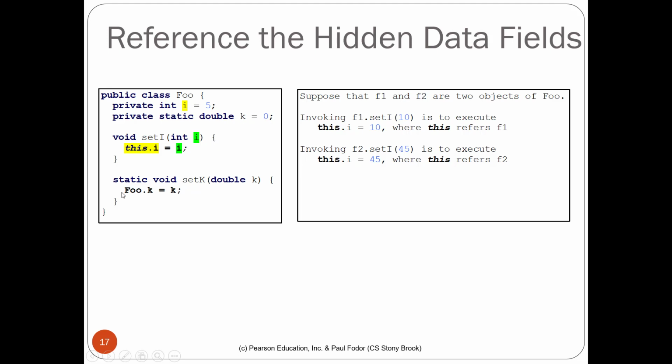Great. Now how about the next method, which is setK? In setK, again, the variable which we are using to reset or set the value of k is the same, k and k, right? Now this k is being used to change the value of k right here.